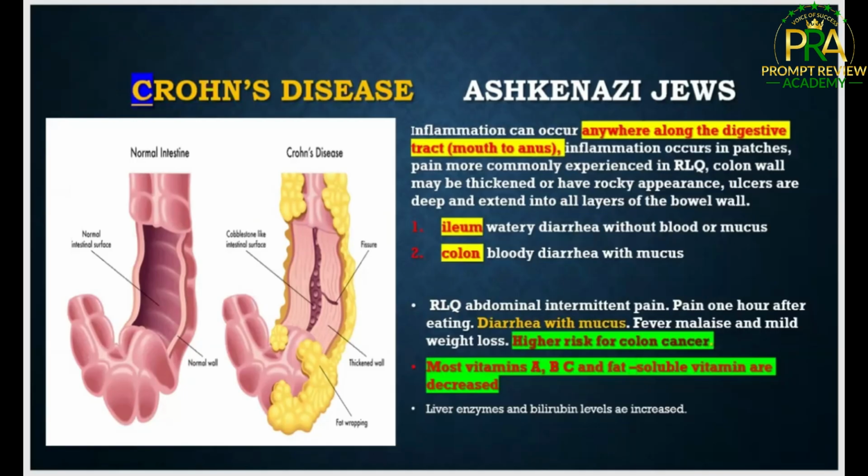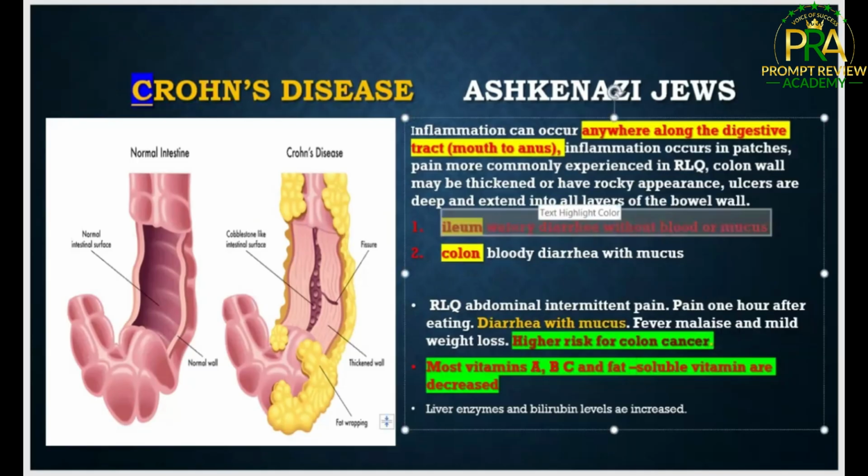Another thing that is very high yield in the exam is that if this inflammation happens at the ileum, the patient is going to have watery diarrhea without blood or mucus. This point is very high yield.